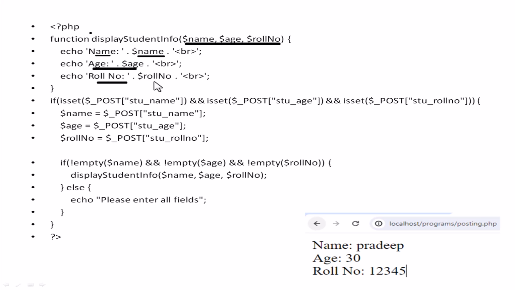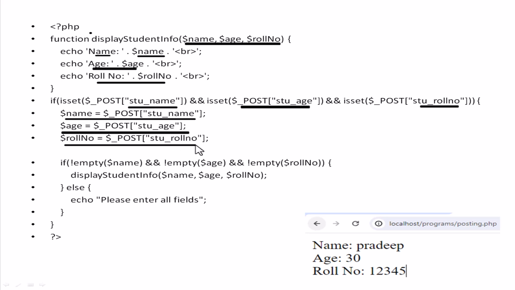Now student name is set, student age is set, and student roll number is set. By which method is it invoked? The post method. So whatever the three parameters are: name equal to student name, age equal to student age, roll number equal to student roll number.